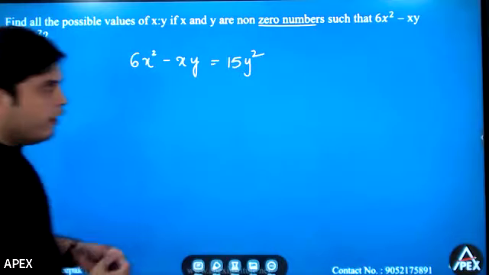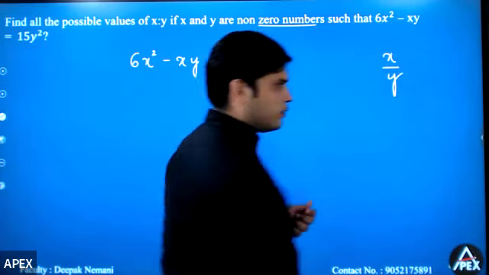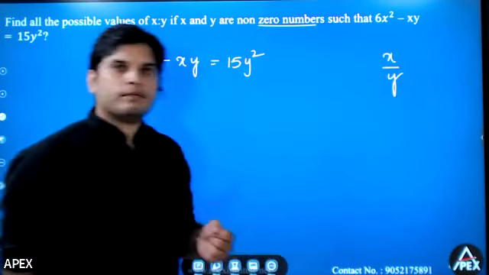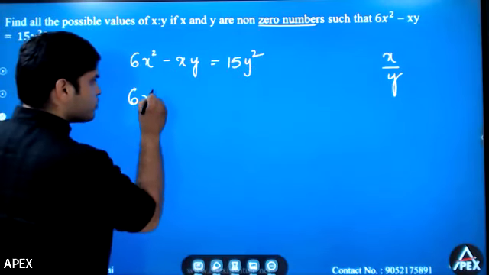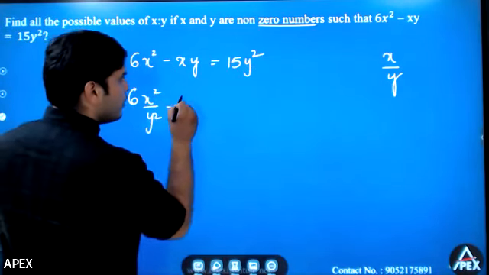Okay, so we need to find the possible values of x by y. So how can we get x by y from this equation? I have to divide both sides by y square. Okay, so you'll have 6x square by y square minus x by y is equal to 15.